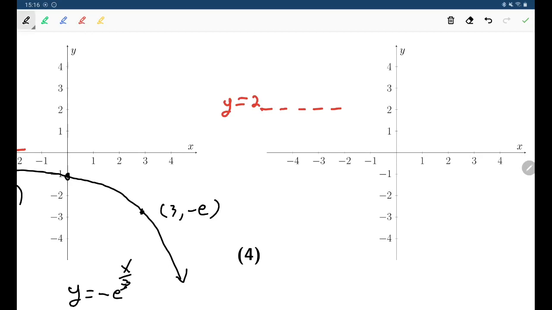All right, so now let's just start labeling our points and plotting our points. We have 3 comma e, and we're going to take this point and move it upwards by 2, so it'll be between 0 and negative 1. So my point that I'll plot will be around here.